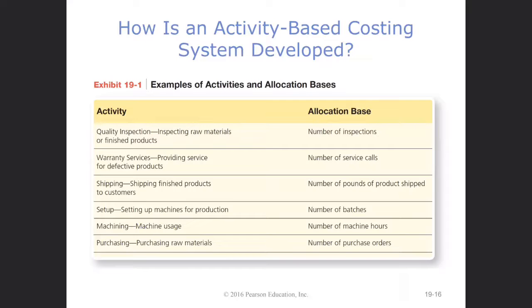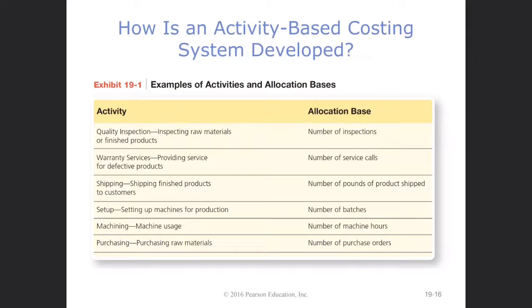When looking at warranties, they're providing service for defective products, products that are not working or working incorrectly. So the allocation base for our warranty services would be the number of service calls that we're responding to.